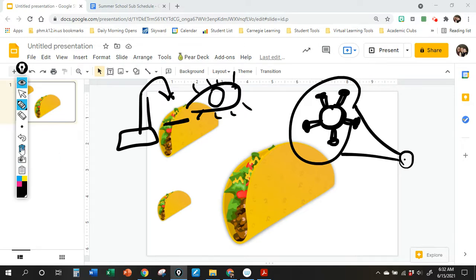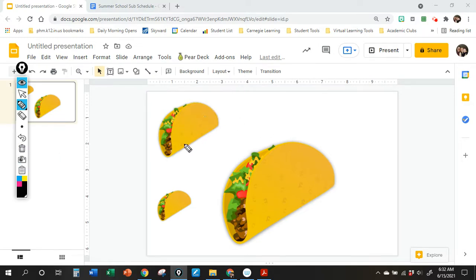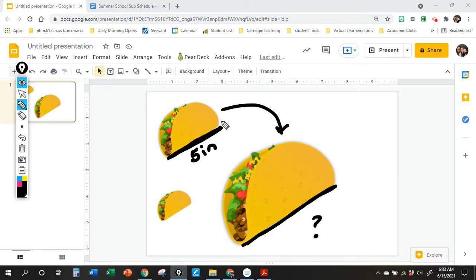So let's say that we have this taco here. And I tell you that this taco is 5 inches across. And then this taco, I'm trying to figure out just how big it is. Now, I tell you that when I scaled this up from the 5-inch taco, I made it twice as big.